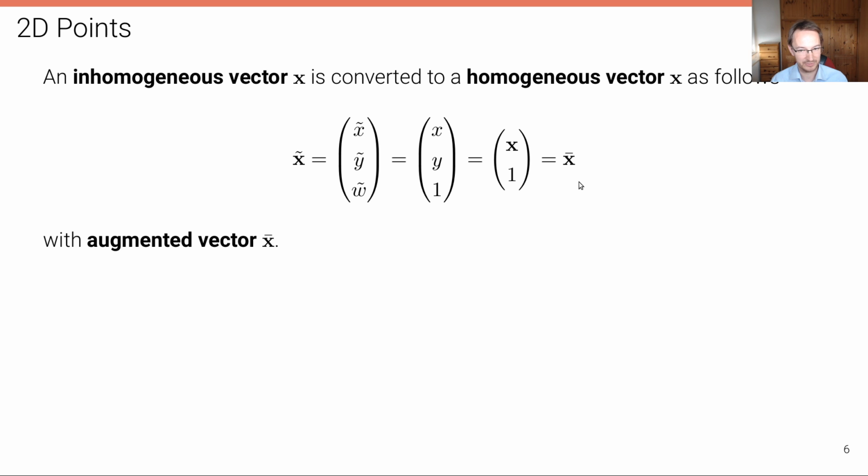It's also a three-dimensional vector, but it's one particular element of this equivalence class, which is exactly that element that has a 1 as the last entry. And there's only one such element. So it's one particular element of all possible homogeneous vectors that are equivalent to each other. And this is how we define the relationship between the inhomogeneous vector and the homogeneous vector.